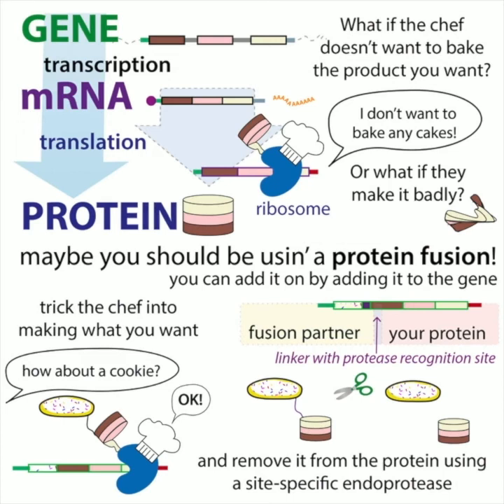It's kind of like a foot in the door campaign in a way. The bacteria makes the fusion partner, and then it goes right on to making your protein. Since it really likes making that fusion partner, you kind of trick it into making your protein. And if you put a protease recognition site, a cut site, in between them, you can then cut that tag off when you're done with it.